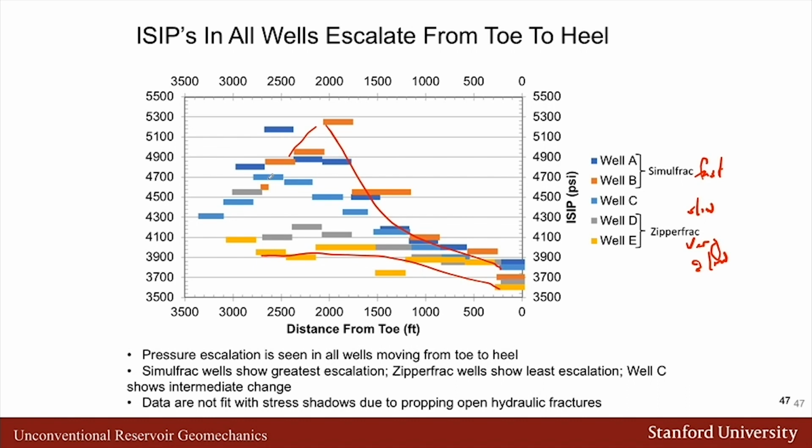And when you start putting a lot of fracs in very quickly, what you can see in wells A and B, that there's a big difference. When we start, they're all about the same, as they should be, okay? But there's a rate dependence that's affecting the treating pressures and the apparent earth stress, or the earth stress as affected by the fracking process.